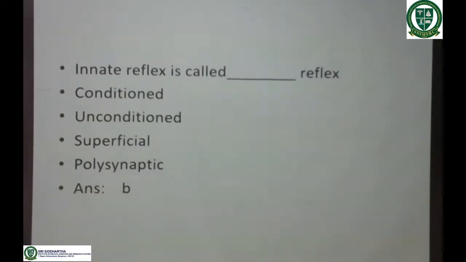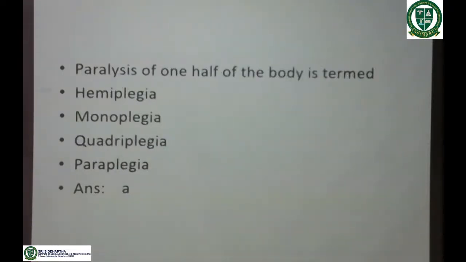Next, an innate reflex is called: conditioned reflex, unconditioned reflex, superficial or polysynaptic reflex. Innate means inborn. Inborn reflex is called unconditioned reflex. The reflexes which you learn are conditioned reflexes. Next, paralysis of one half of the body is termed as what? Hemiplegia, monoplegia, quadriplegia, paraplegia.